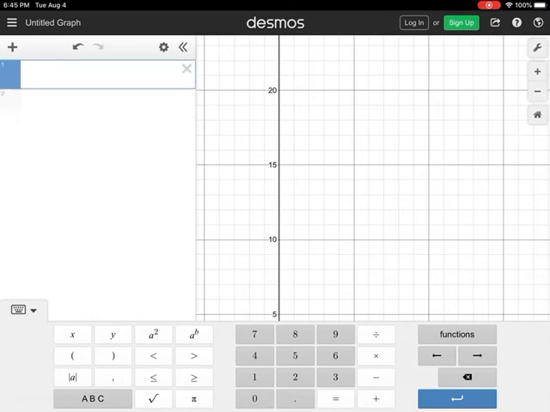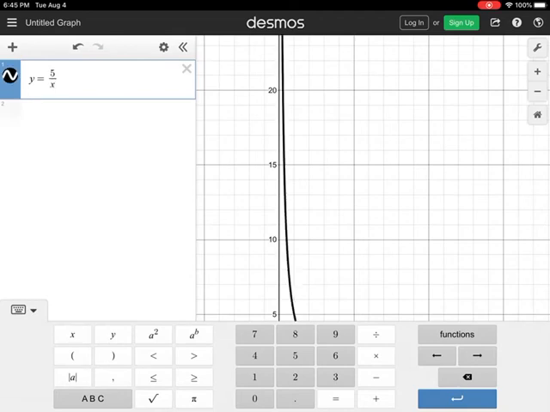And so my first equation is y equals 5 divided by x. Whoops. It doesn't look right, does it? Y equals 5 divided by x.